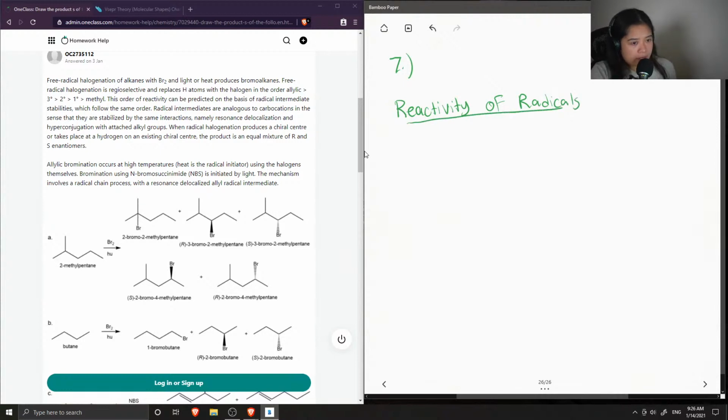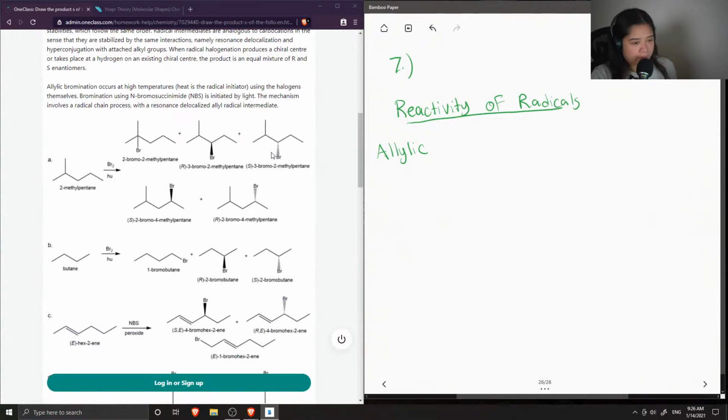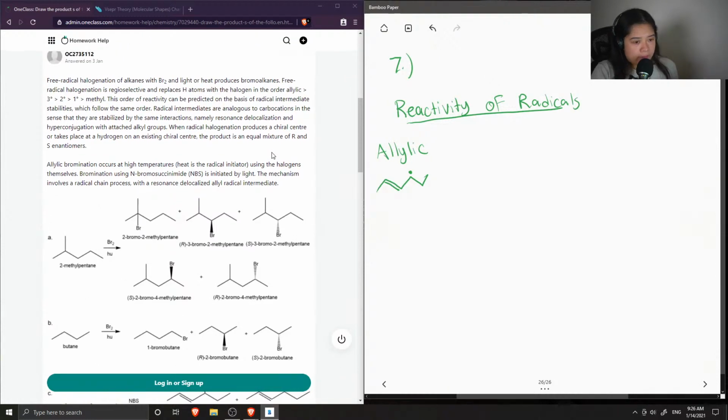So the most stable radicals are your allylic. So this is when it contains a double bond. So for example, if there's a double bond on the carbon beside it, and your radical can just be shown right there. So this is less reactive than if you were to have a tertiary.